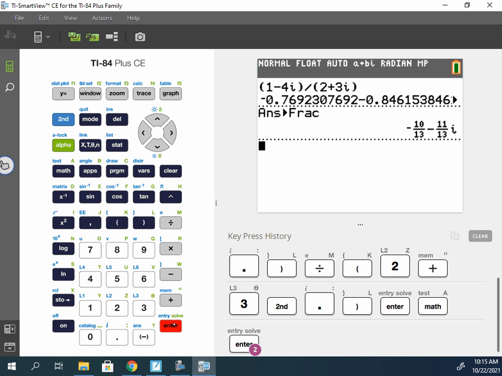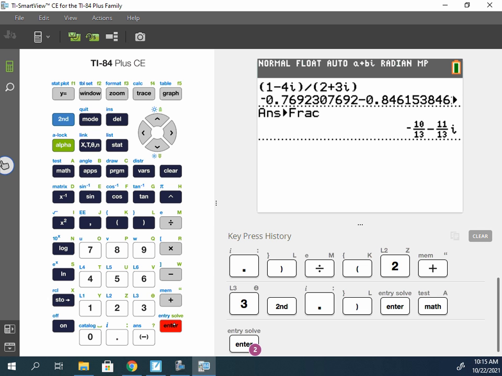It does not like it in the fractional form, alpha y equals enter. But if we rewrite it as a division, because that's what we're really doing, we're dividing these two things, it will do it for us. Questions on this here?